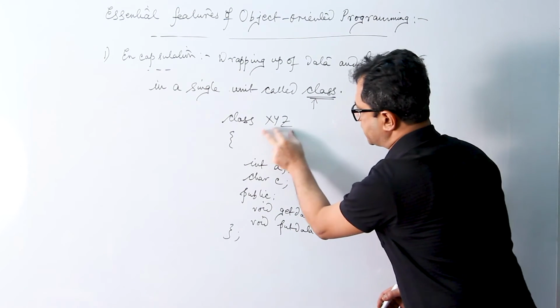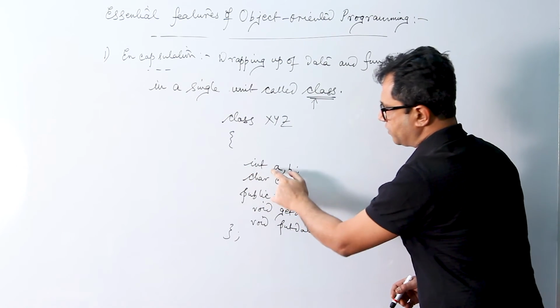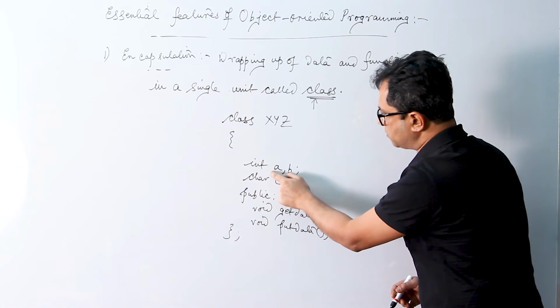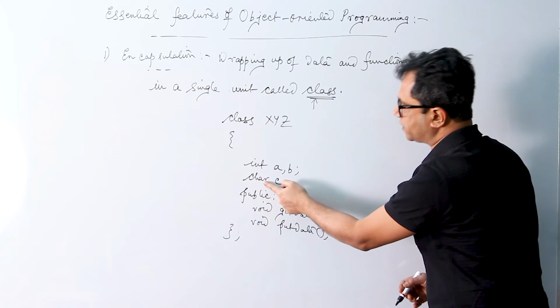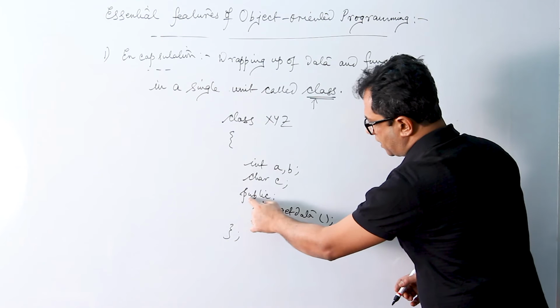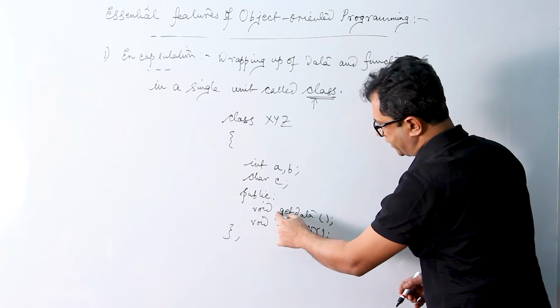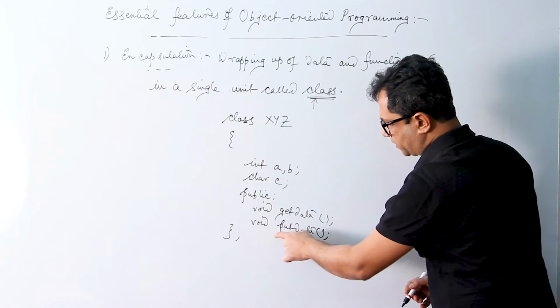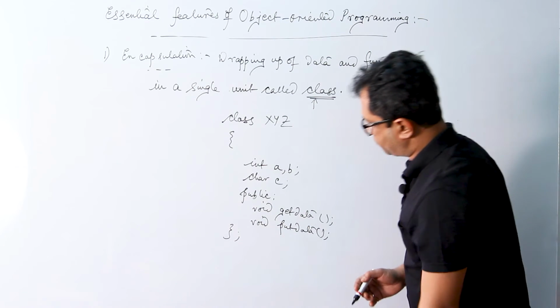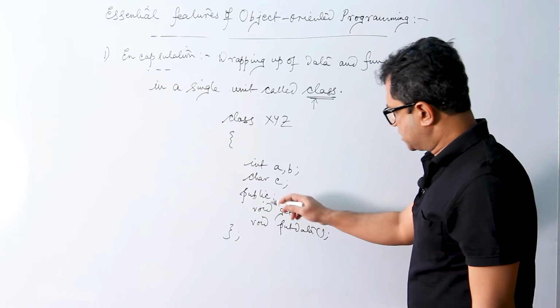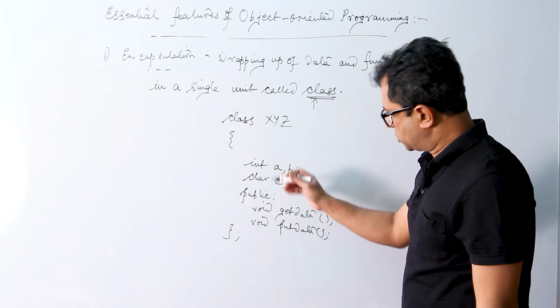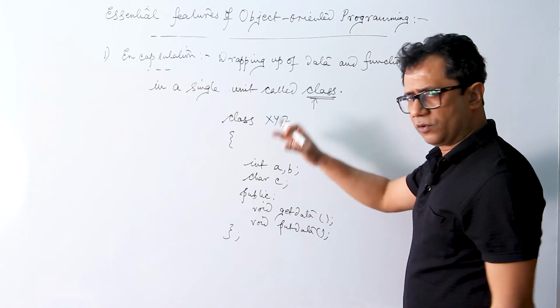The class is named XYZ. I have taken 3 variables, 2 of which are integer variables and 1 is a character variable, and I have declared 2 functions under the public section, that is void get data and void put data. These are like prototypes of the functions, which we will expand in the function definition section later in the program if you write the entire program.